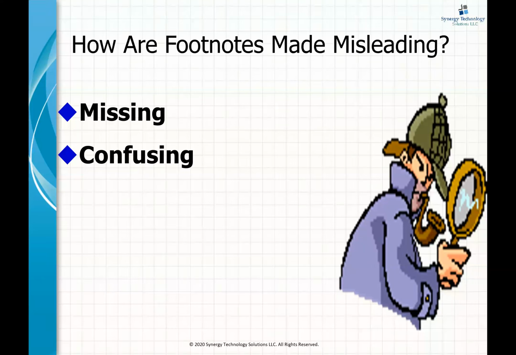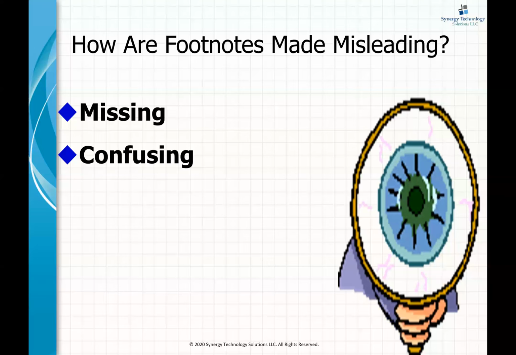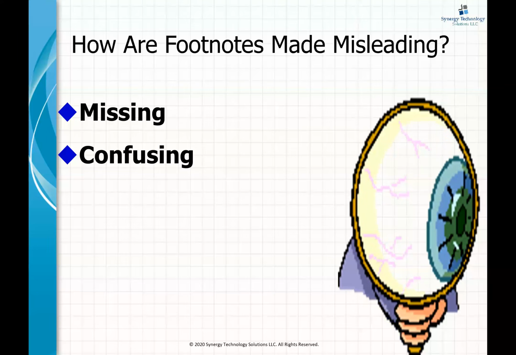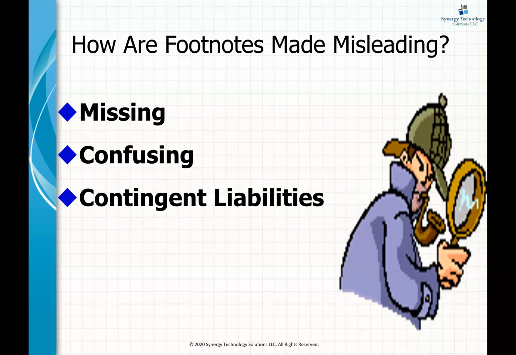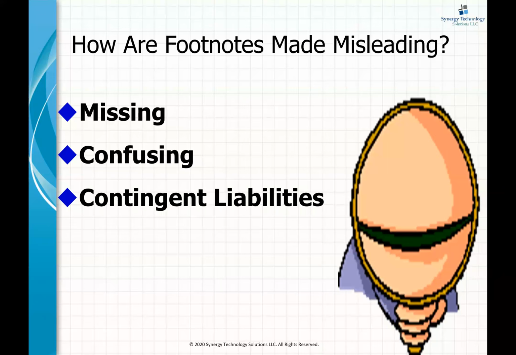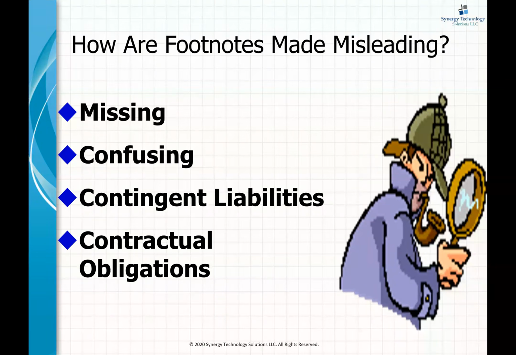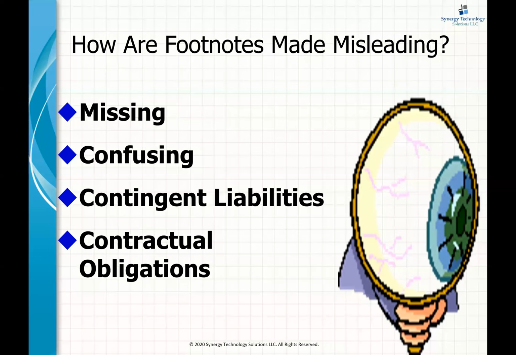Number one, you blatantly don't disclose it. You don't mention it at all. Or you say things in such a complex way that you don't really say anything. Then you have the contingent liability section where you don't mention the contingent liability. That is usually there.